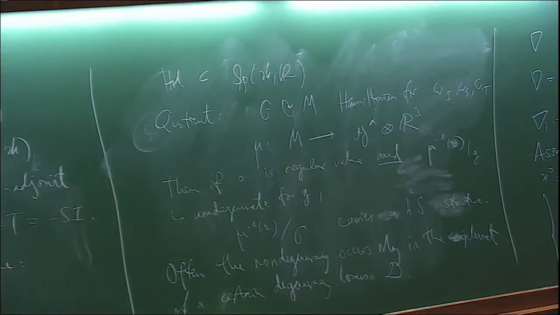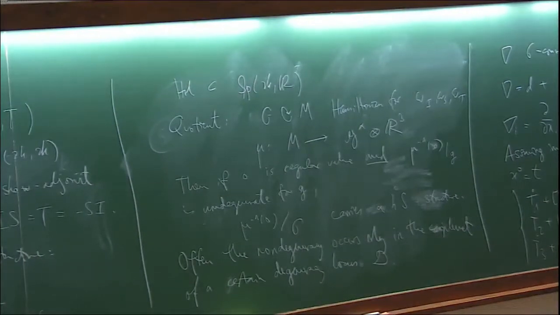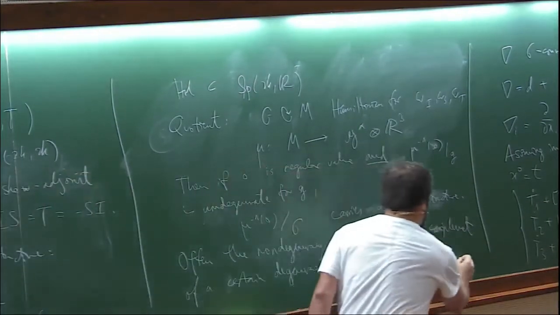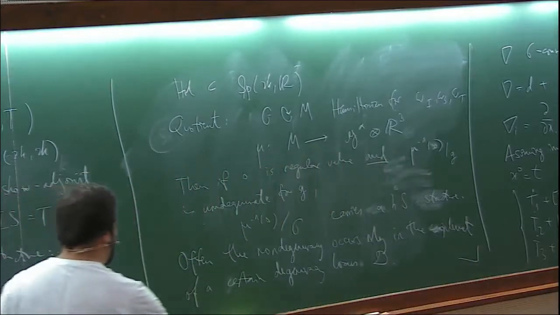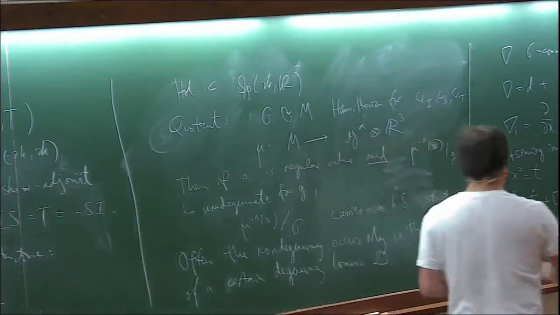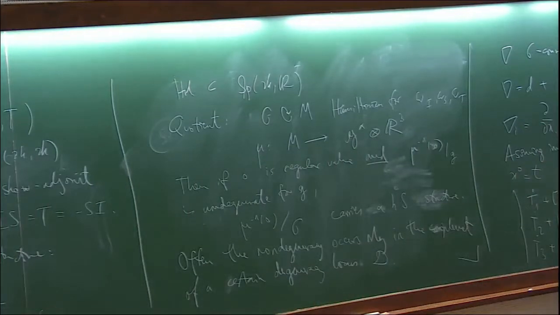So this is the end of my digression on hypersymplectic geometry. Now, as you might already expect, these moduli spaces are going to have this kind of structure.